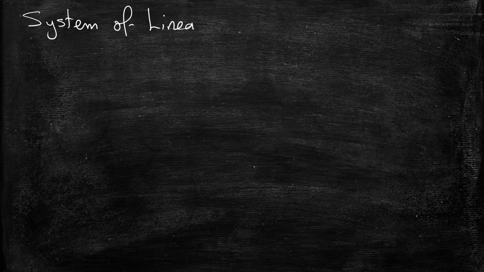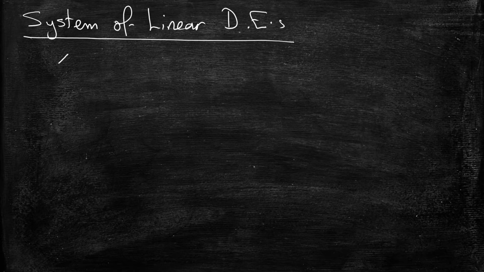First, we have a system of linear differential equations. Still, we are working with linear differential equations. For example, I have two dependent variables, x of t and y of t, not one, as previously in the regular linear differential equation.